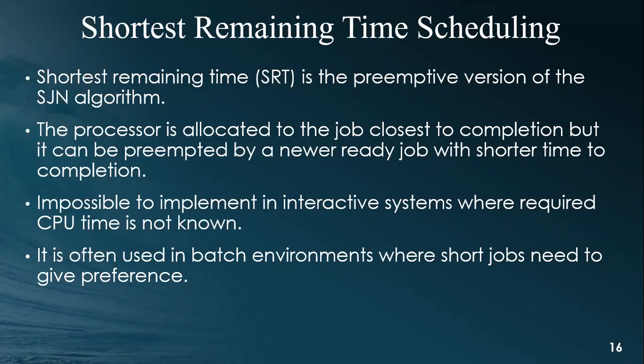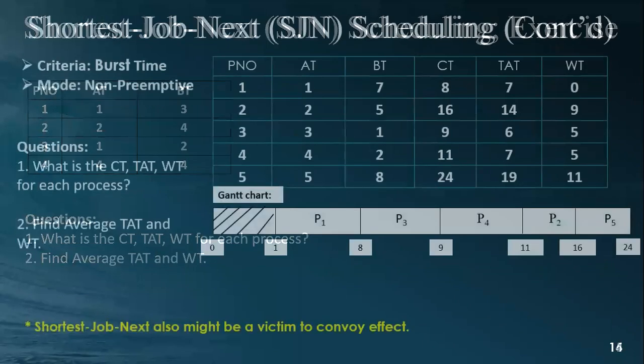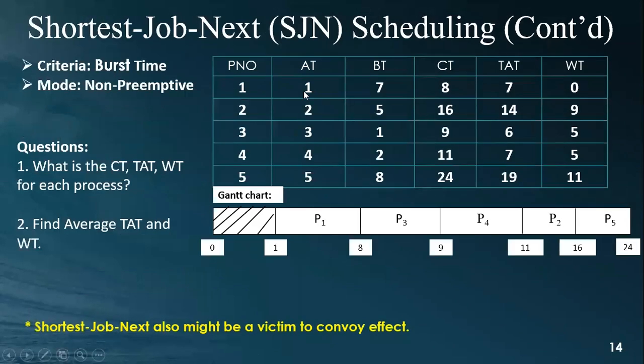So if I go back to our last example to put it in context, in this one, the process 1 got the CPU first. So we will allocate the process 1 first, as there's no other. But after a certain amount of time, that time may be 2 seconds, that time might be 1 second, we'll take back the CPU and say, let's check again whether there is any other process or not.